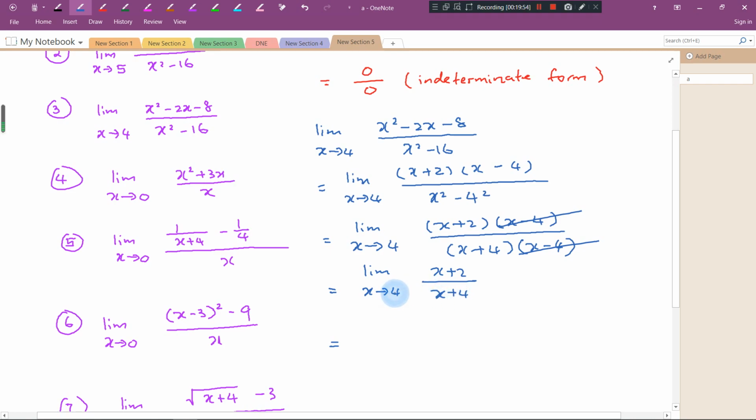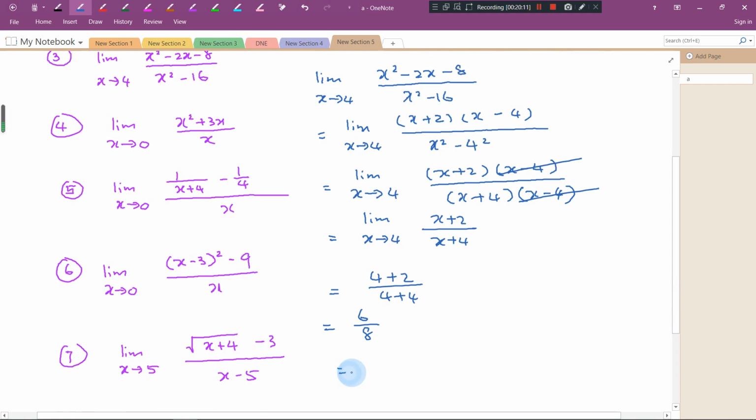So now I'm going to plug in the 4 over here. I don't have to write this anymore. 4 plus 2, 4 plus 4. Okay, so this is 6 over 8. I simplify it, I will get 3 over 4.